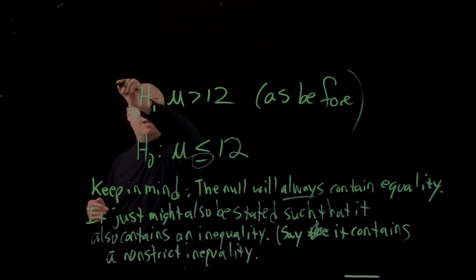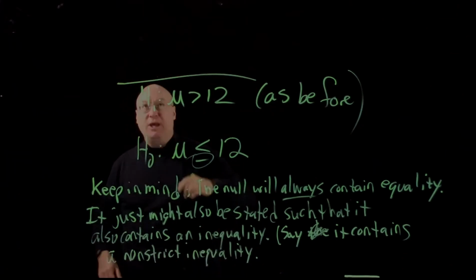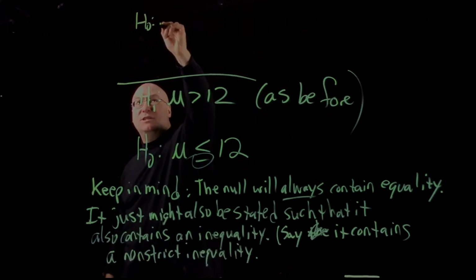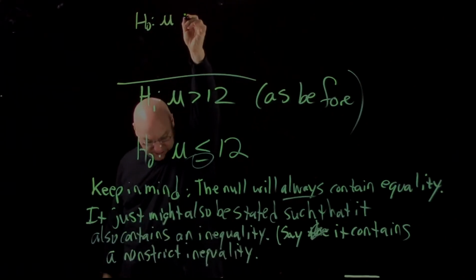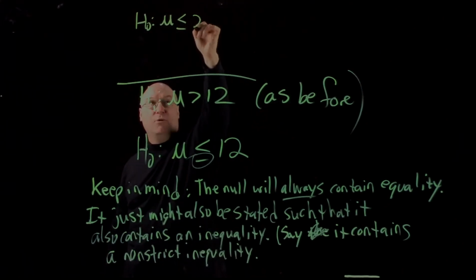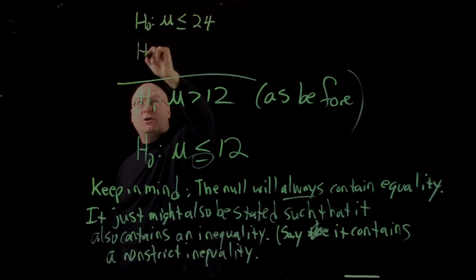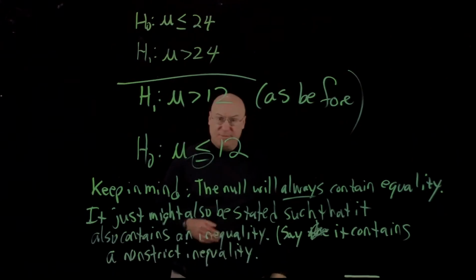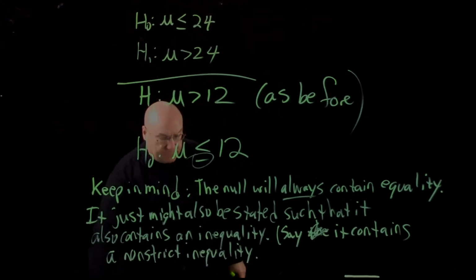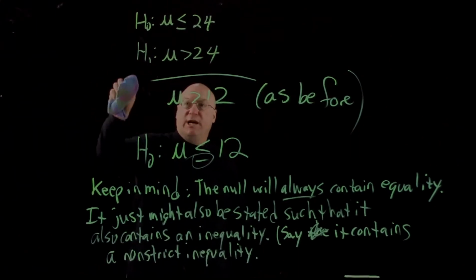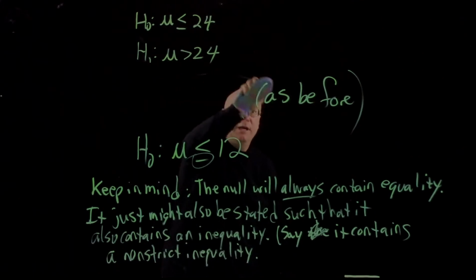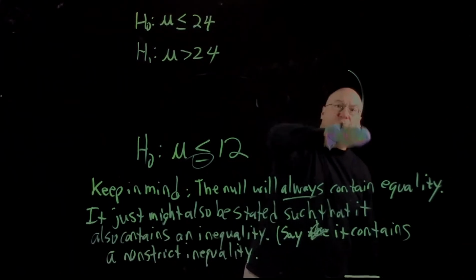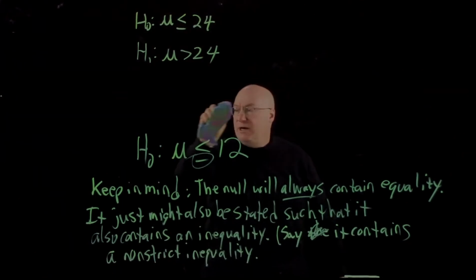So what we have down below at the bottom, you have the null hypothesis is that mu is less than or equal to 24. And the alternative hypothesis then is mu is greater than 24. Right. Okay, going to the next page, we kind of push this example a little farther. So what are we doing?